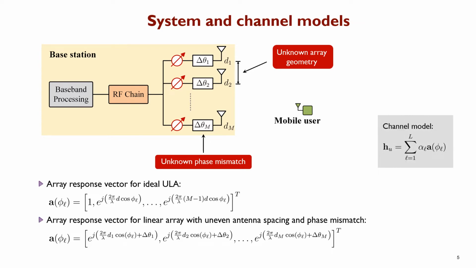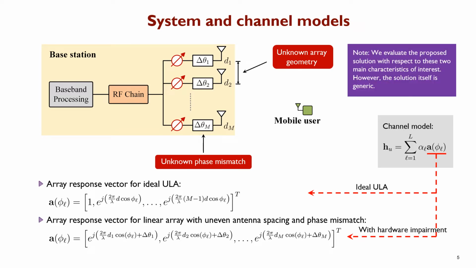So in our channel model, the array response vector admits different definitions in different scenarios. It's worth mentioning that although we evaluate the proposed solution with respect to these two main characteristics of interest, our solution itself is general.